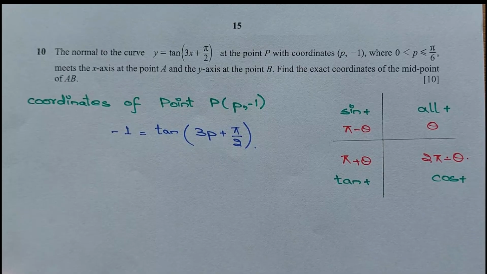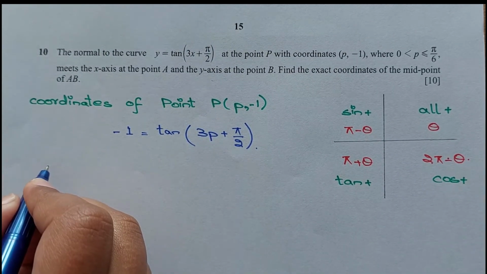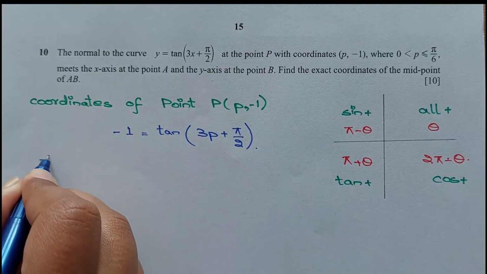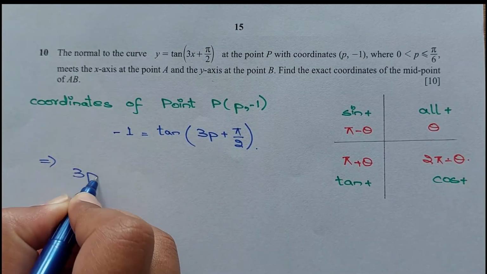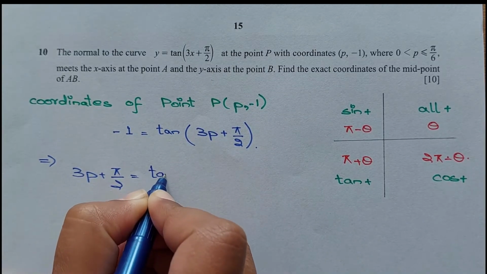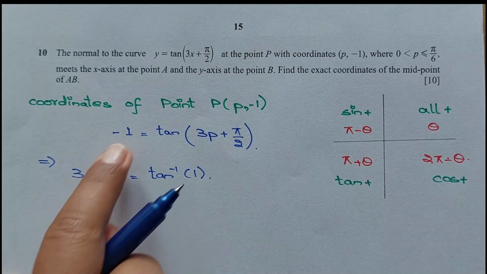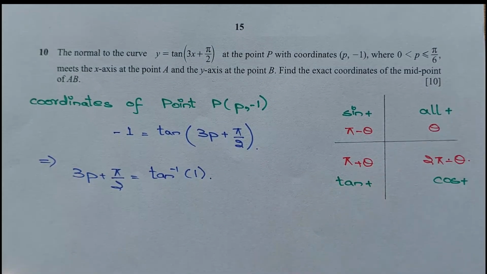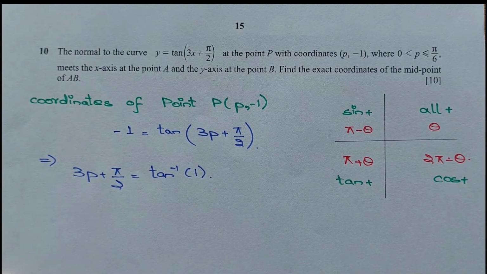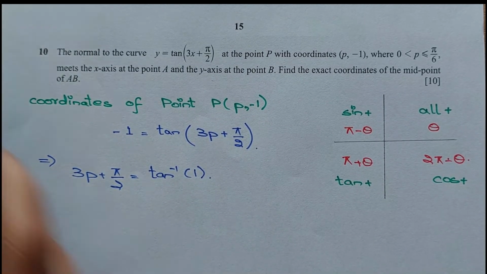Right. So first let me find the value for theta. So we have 3p plus pi by 2 is tangent inverse of 1. We are solving for positive 1, and we know that the tangent is negative in these two quadrants. First, we need to solve for the values of p. Yes. So tangent inverse of 1.